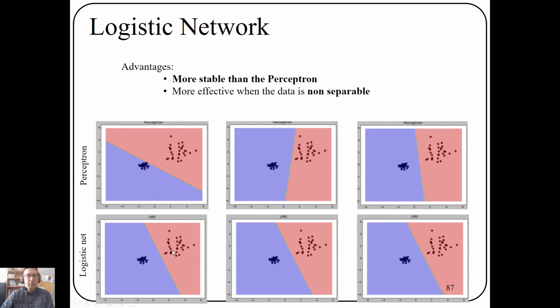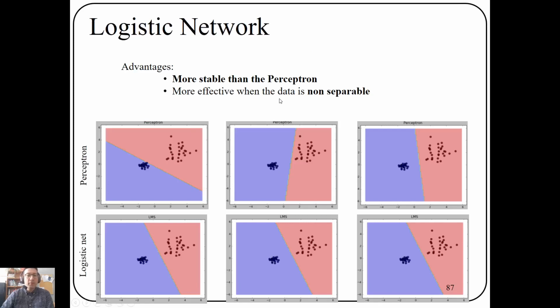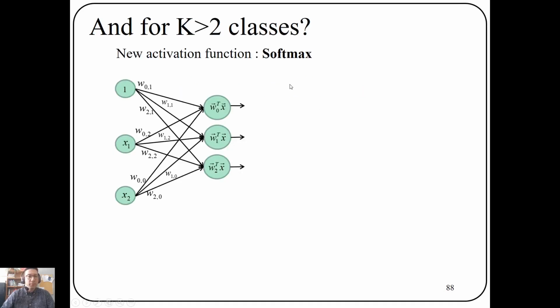So you have more stability with the logistic network. And also it's more effective when the data is not linearly separable. It doesn't jiggle as you would have with the perceptron. Now, what if you have more than 2 classes? Well, the idea is pretty much the same as the multi-class perceptron.